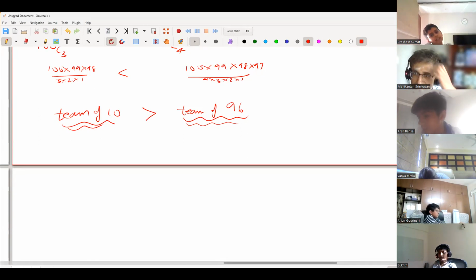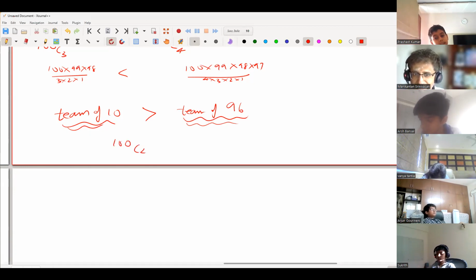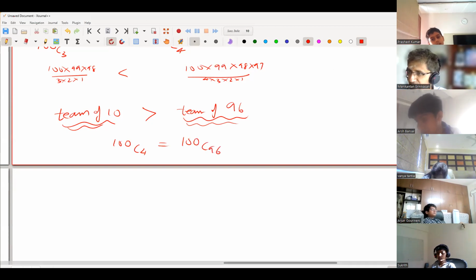Sir, so after 50, it will start decreasing. Exactly. In fact, 100 choose 4 is exactly the same as 100 choose 96. Choosing the best 96 is the same as choosing the worst 4, so the number of ways is the same.